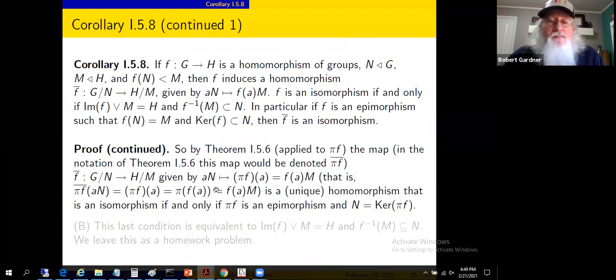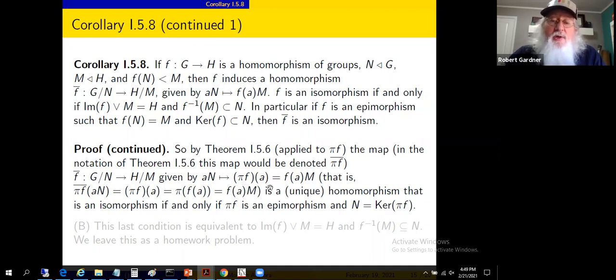Not yet. Theorem 1.5.6 dealt with such mappings. So we'll apply theorem 1.5.6 to the mapping pi f. This would be denoted with the overline, with the pi f bar as the notation we had in theorem 1.5.6. And we get this mapping of the quotient groups given by taking aN to the function evaluated at a.